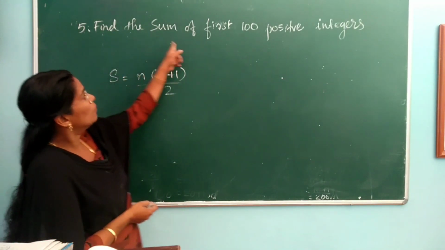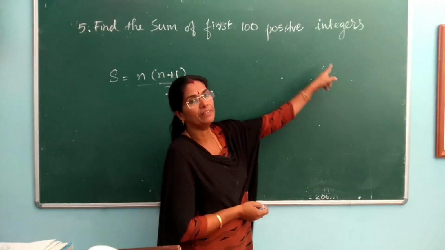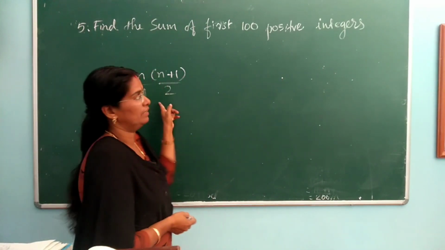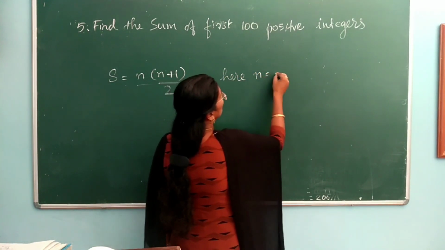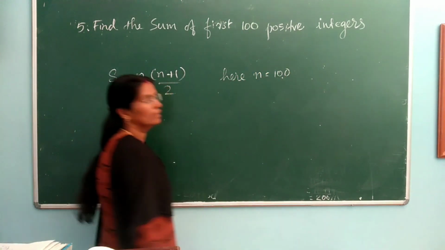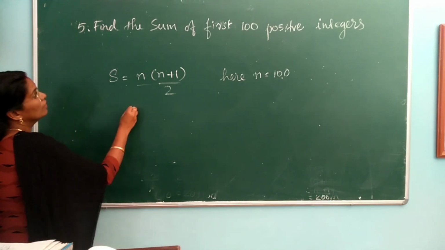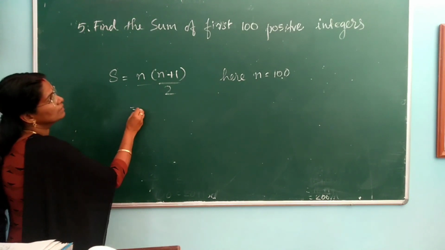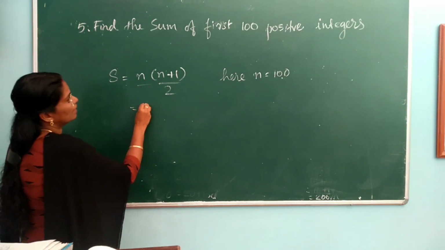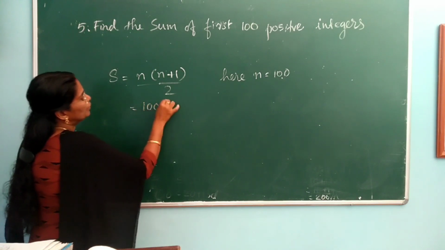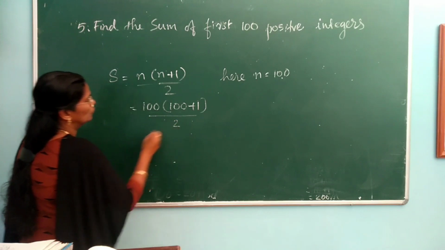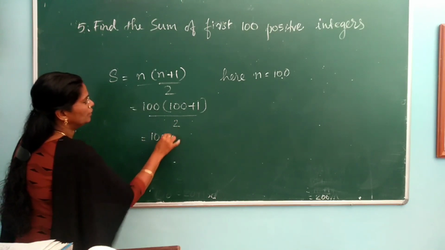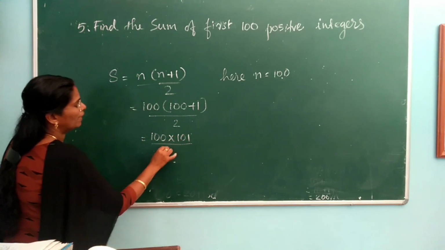Here it is sum of first 100 positive integers. Same model question. So here what is n? N is equal to 100. Okay. So sum of first 100 positive integers is 100 into 100 plus 1 by 2. That is 100 into 101 by 2.